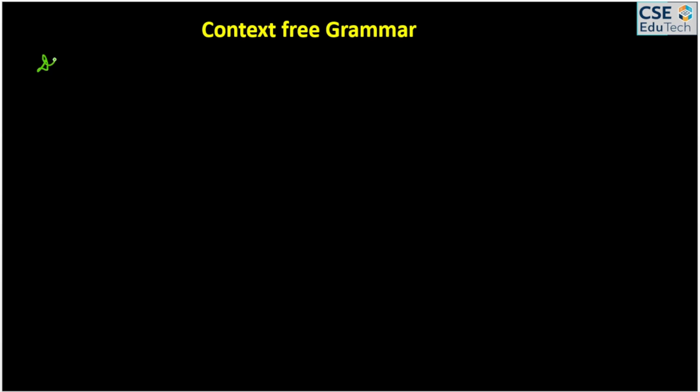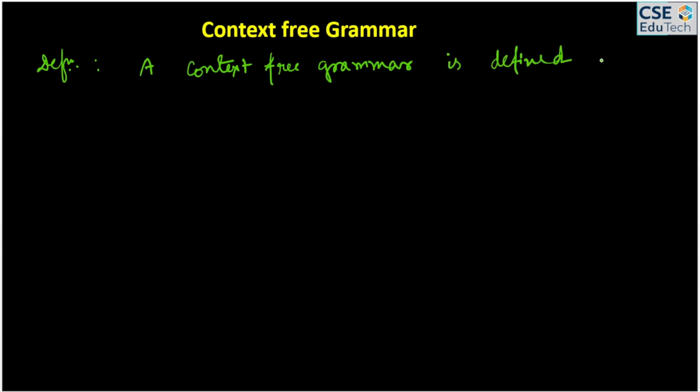A definition: a context-free grammar, or CFG, is defined as four tuples. Vn means non-terminal, sigma is terminal, P is the production rule, and S is the start symbol.